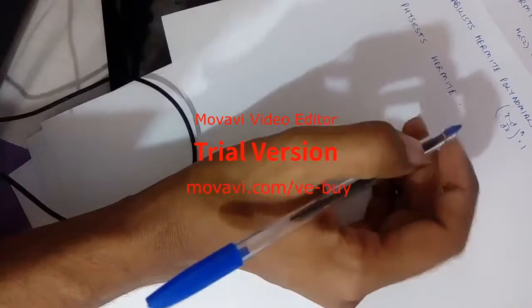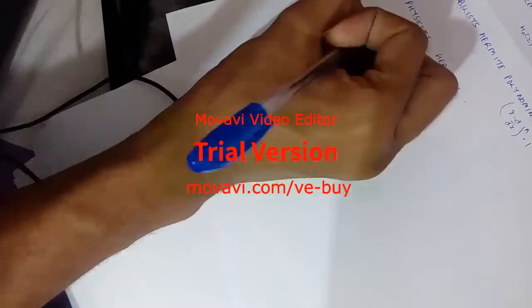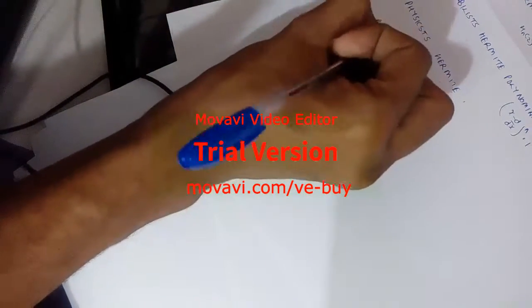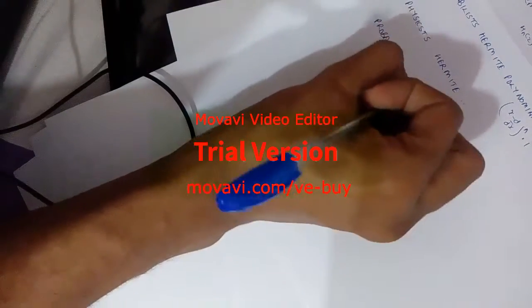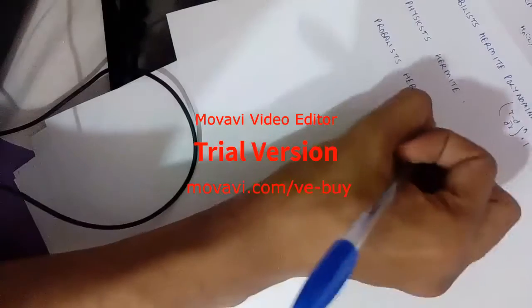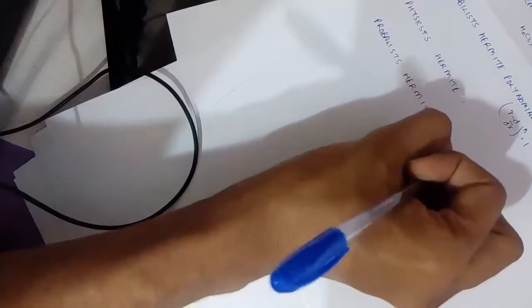There are basically two ways of standardizing Hermite polynomial. One is the probabilist Hermite polynomial, which equals x minus d upon dx to the power n into 1.